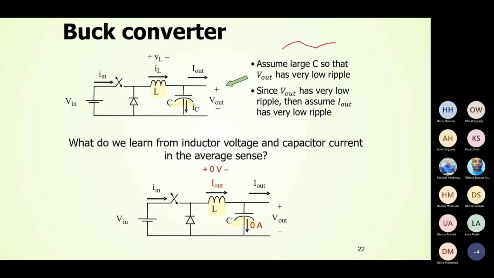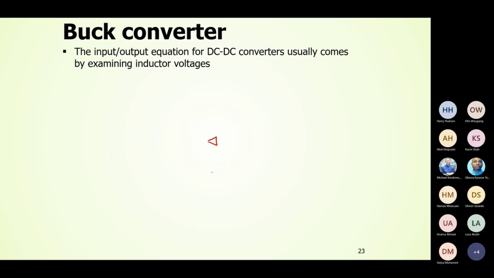Since V out has very low ripple, assume I out, the current, also has very low ripple. What we learn from the inductor voltage and capacitor current in the average sense is that the average of the capacitor current is 0 and the average of the inductor voltage is 0.